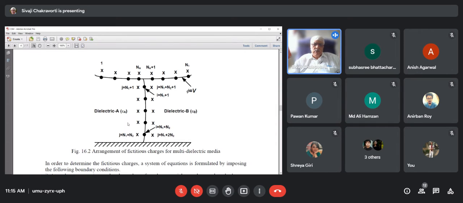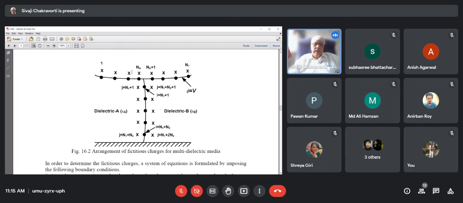When we are going to compute the field for this point, which are the charges that we have to take? The answer is 1 to N1. That means all the charges within the electrode, because they are outside the region of interest, and not the charges within dielectric A side, but the charges within dielectric B side.